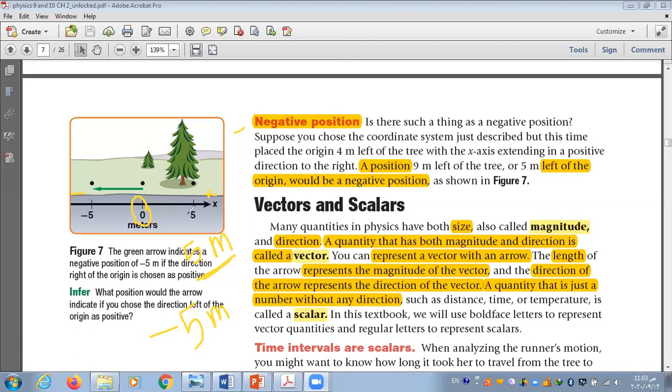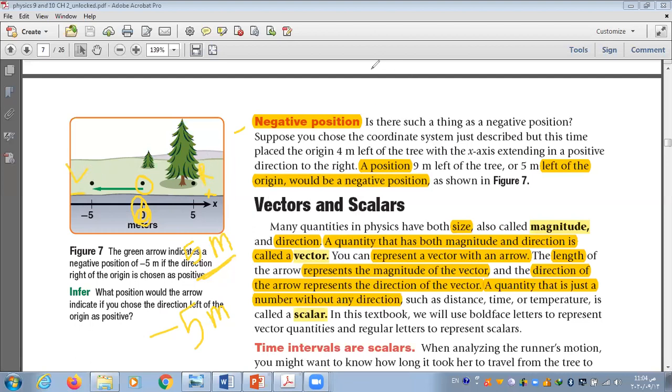When I say negative, we now understand how we can make a coordinate system. If I choose that the person is here, I make a particle model. This point represents the person. I can choose the coordinate system. This is the origin or the 0 point. I can say this direction is positive and this direction is negative, moving to the right or to the left.